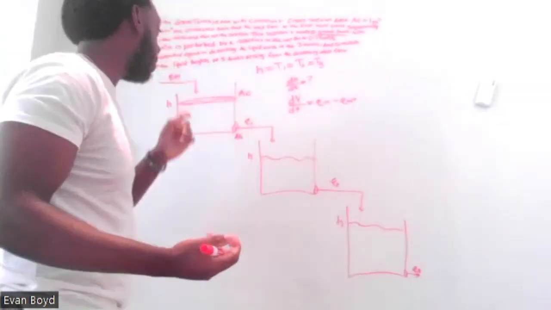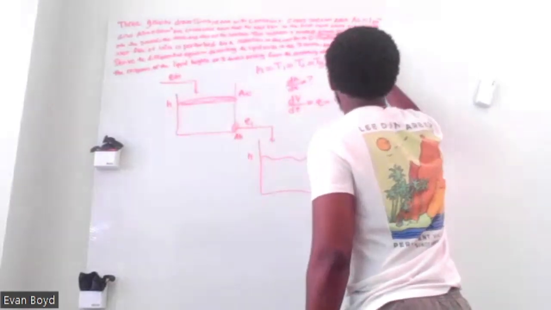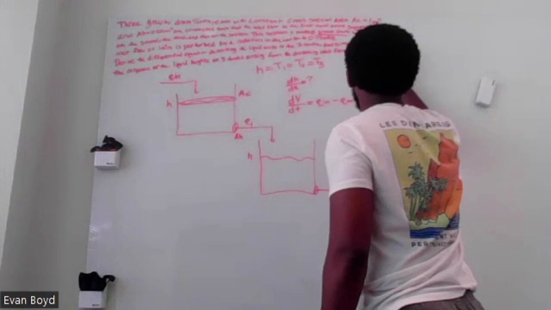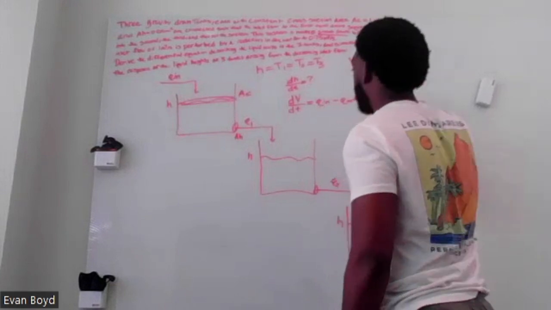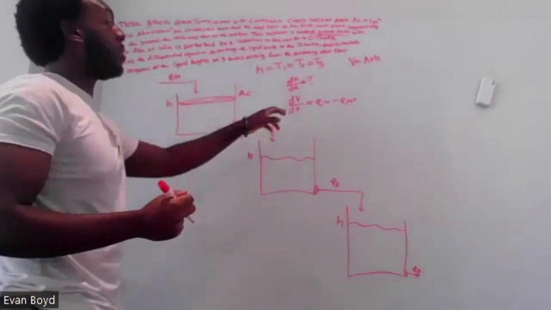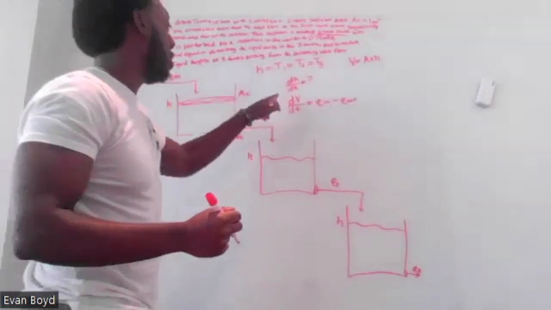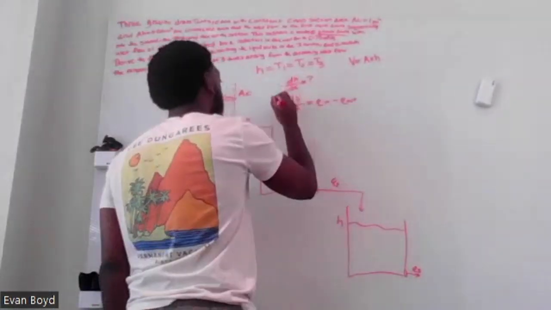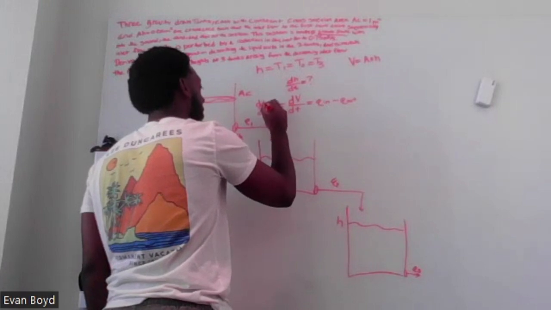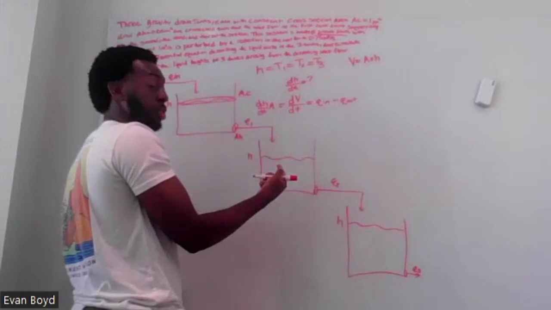Now we also know that volume is equal to area times height. So instead of saying dV, the difference in volume, this can equal the difference in height with respect to time, times area, which here is the cross-sectional area of the tanks.